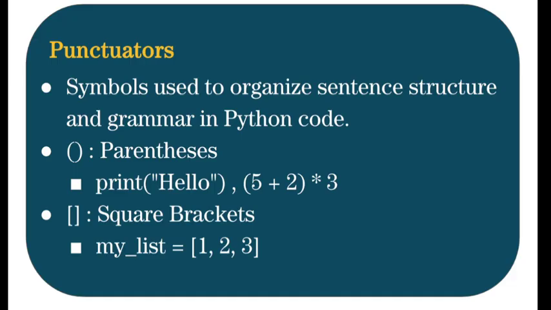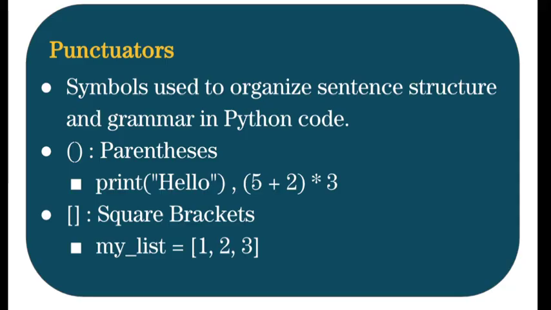Next are punctuators. These are the symbols used to organize sentence structure and grammar in Python code, like commas, periods, and question marks in English.